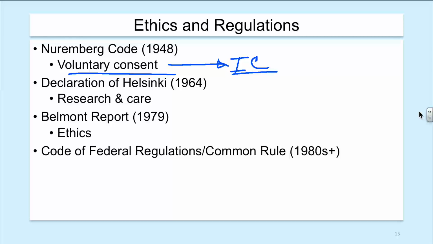Later on, the Declaration of Helsinki defined how we combine research with clinical care. And this was very important because doctors have as their primary goal to make sure that patients are treated with the best treatment for their course of illness.